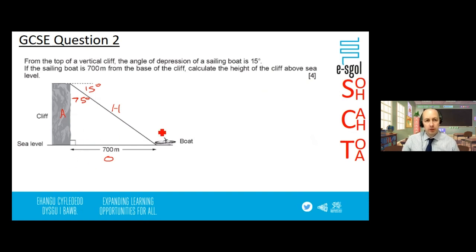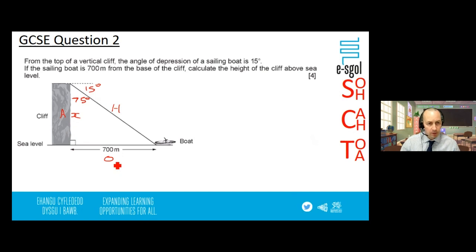Now, we're going to read the question to find out what it's asking: find the height of the cliff above sea level. So we're actually finding the adjacent. What some people will tell you is to call it something. So for the purpose of our workings, I think we'll call this side X, and that's the side that we're trying to find, which is the adjacent.